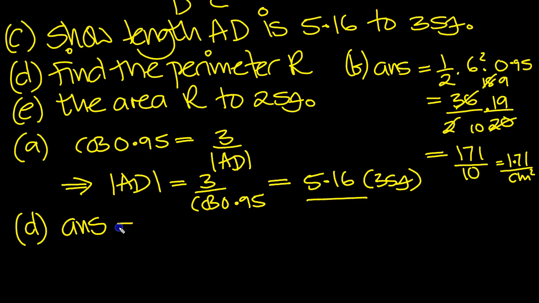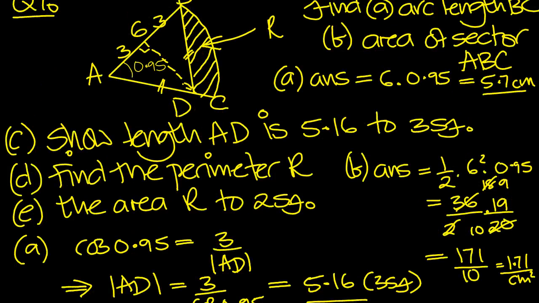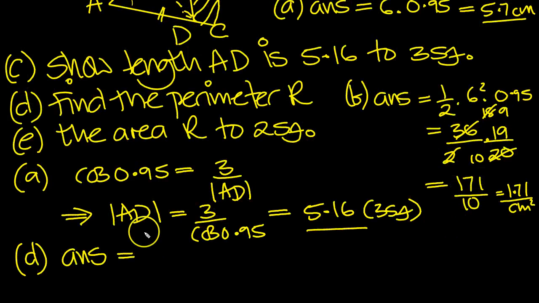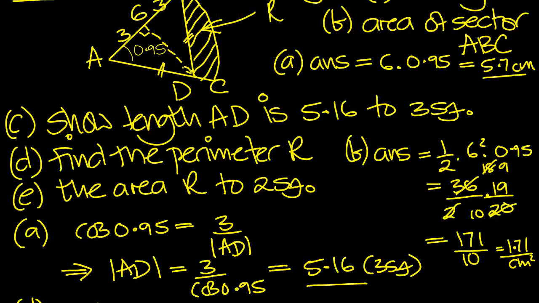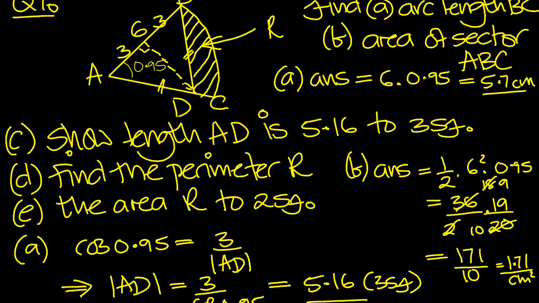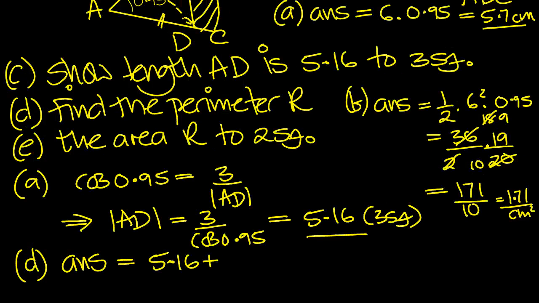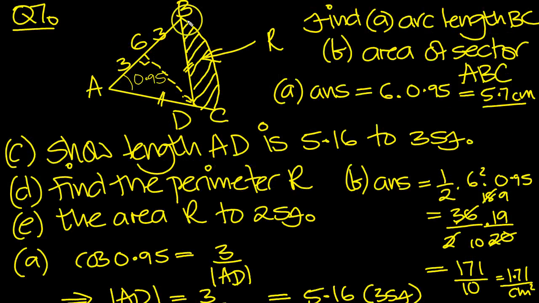Answer is equal to the length BD, which is the same as AD, and we've just worked out AD, 5.16, plus the arc length BC, which was the first thing we did, part A.